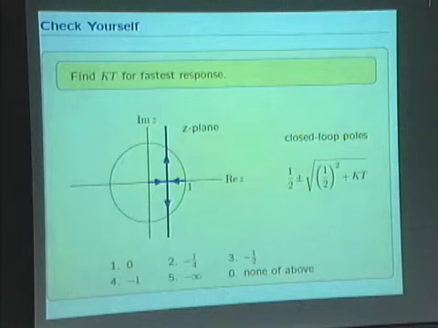I just want the fastest possible response. Yeah, it looks good. So where do I want the poles to be for the fastest possible response?